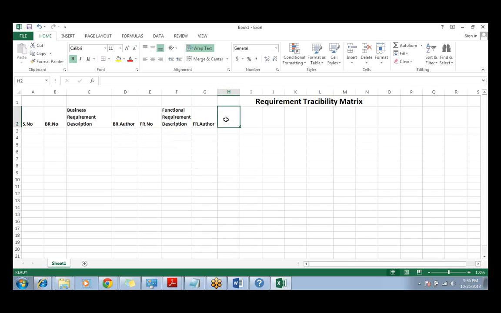What next? Then you have the high level requirement, which is your design perspective: the HLR number, the HLR description, and then the author.